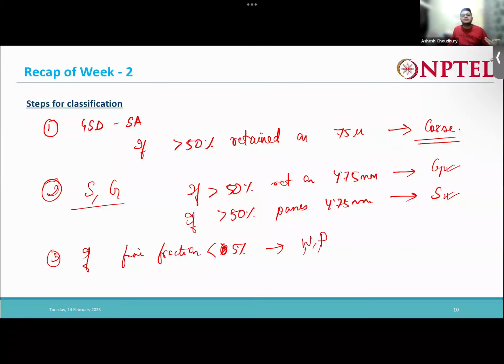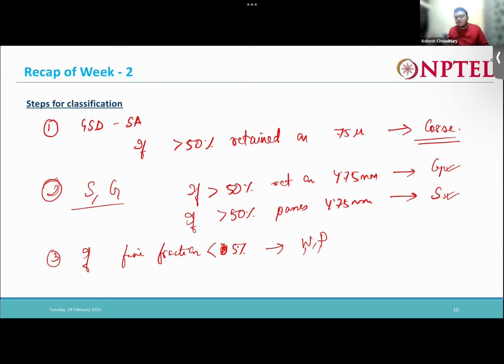What you need to do is determine the D10, D60, D30 sizes from your grain size distribution graph, and then determine your coefficient of uniformity and coefficient of curvature.